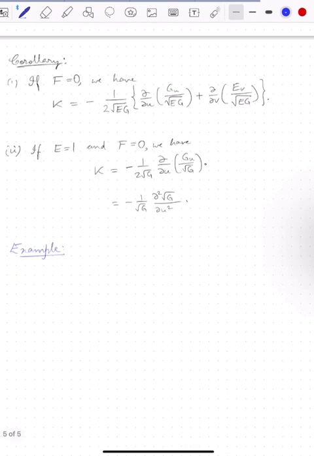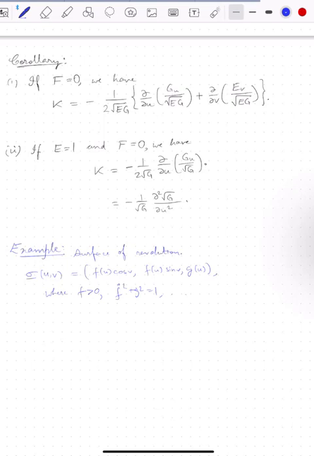Let's consider again the surface of revolution, sigma(u, v) equal to (f(u) cos v, f(u) sin v, g(u)), with f greater than 0 and all the rest of the conditions, say f dot squared plus g dot squared equal to 1.